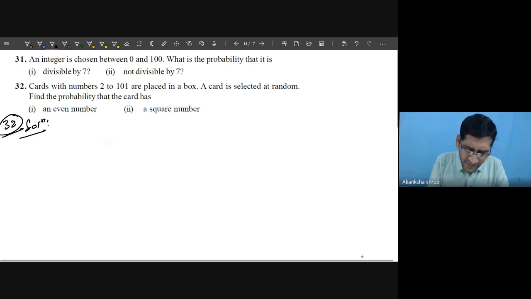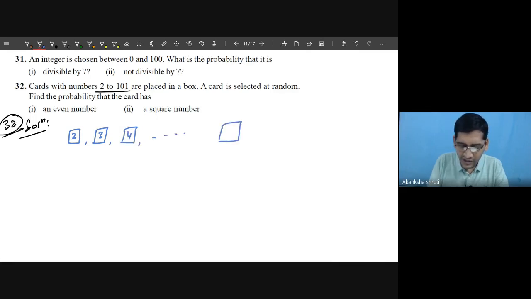So cards are numbered from 2 to 101. Means one can have 2, another can have 3, another can have 4, going on, up to 101. So students, how many cards are there? Number of cards I am interested in, not the number.